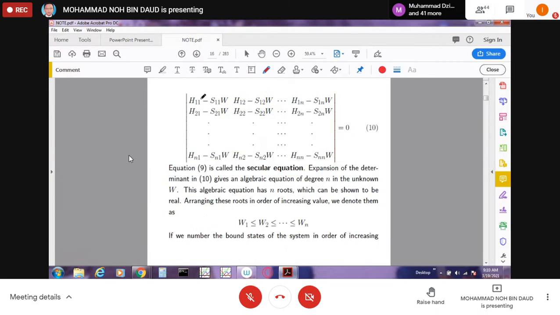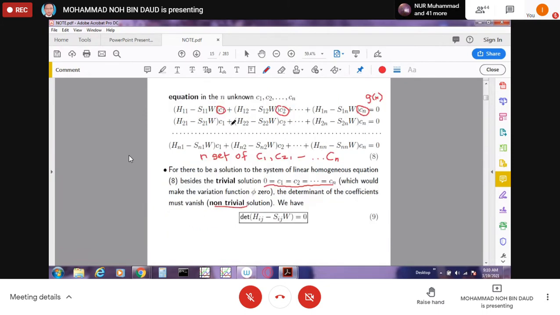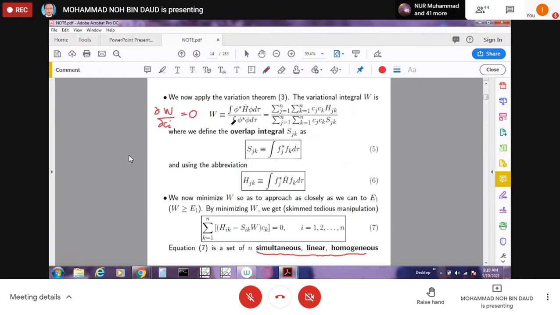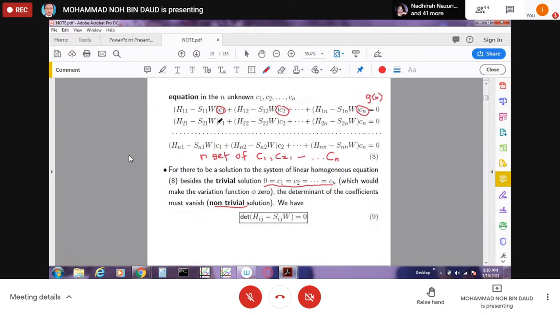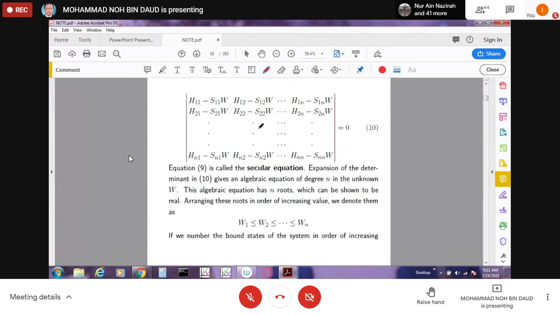If we have n basis functions, we can get n simultaneous equations with n unknown coefficients, and the non-trivial solution is the n by n secular determinant.